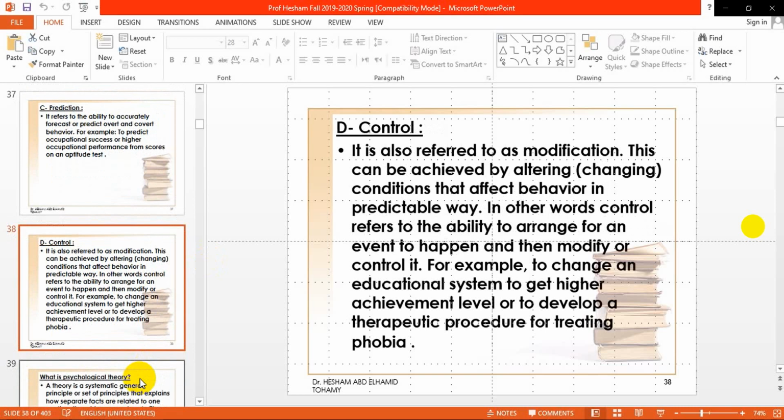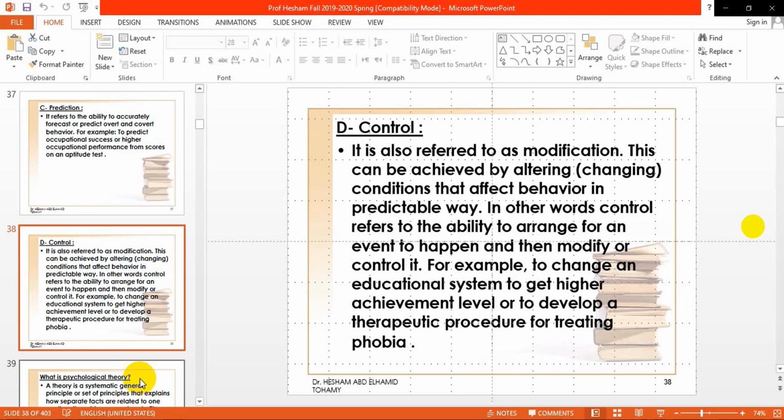In other words, we can refer to it as the ability to arrange for an event to happen and then modify or control it. For example, if I change my style of teaching, this is the educational system used in order to get high scores.